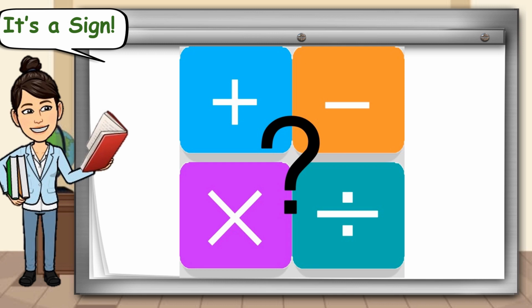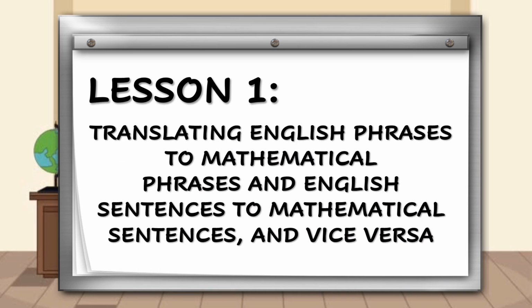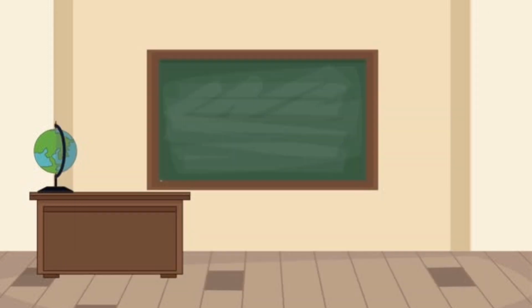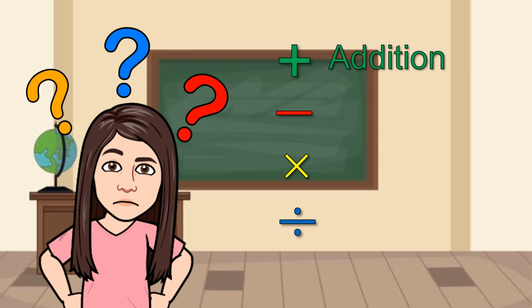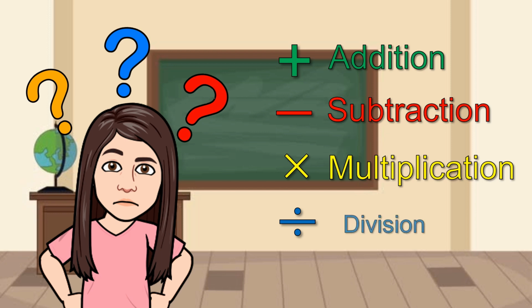Now, it's time to translate English phrases to mathematical phrases and English sentences to mathematical sentences and vice versa. The four fundamental operations of mathematics are represented by these symbols. These are addition, subtraction, multiplication, and division respectively.